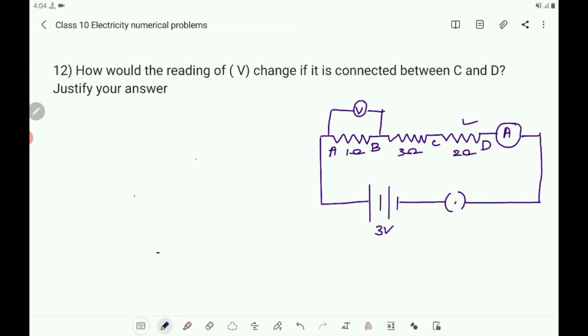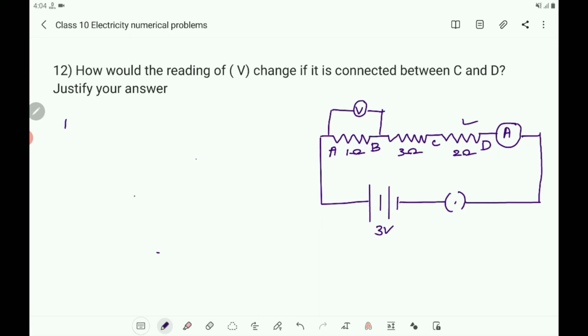We have to find the current flowing through the circuit, and you know that through all the resistances the same current flows, because they are in series connection. So let us first find the total resistance and the total current.